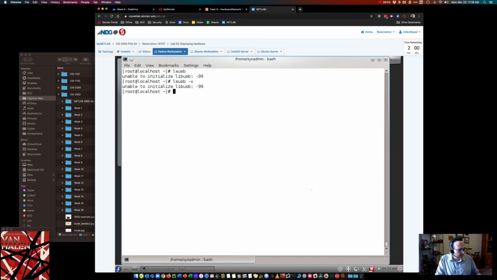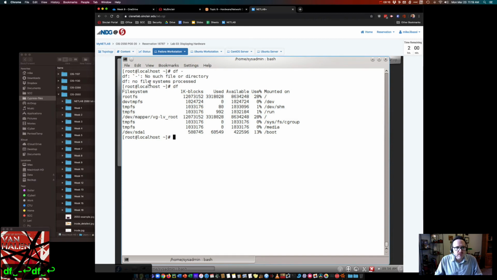So a couple other things we'll look at here for system resources is, of course, disk use. So df by itself gives us each file system and the percent used.